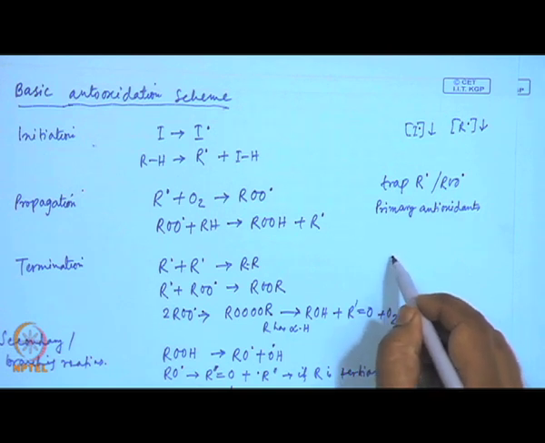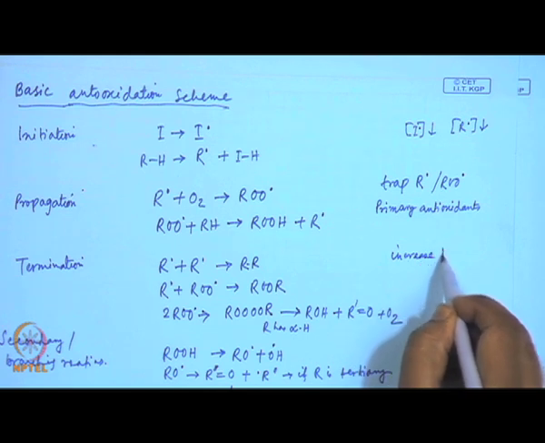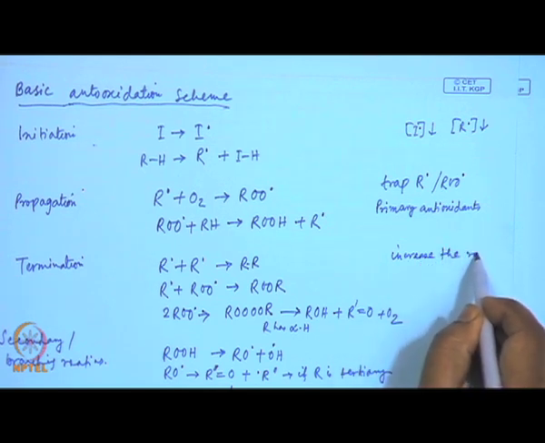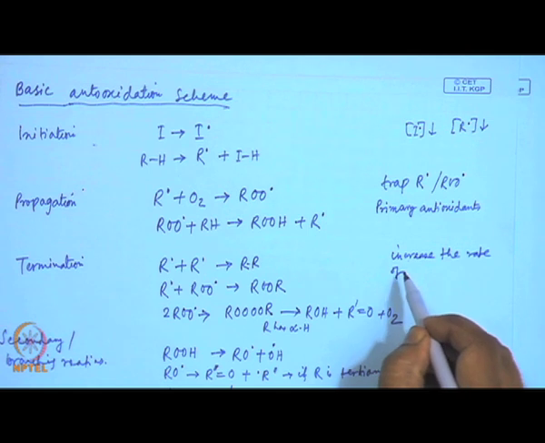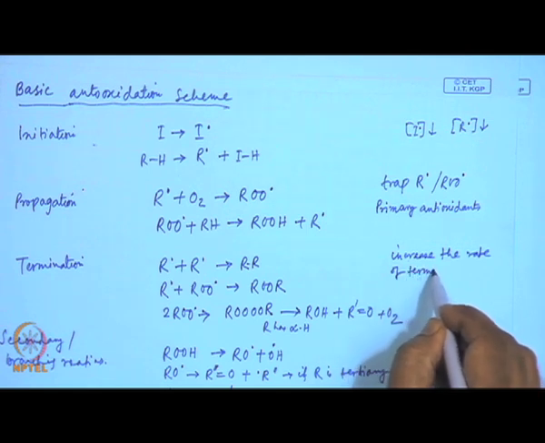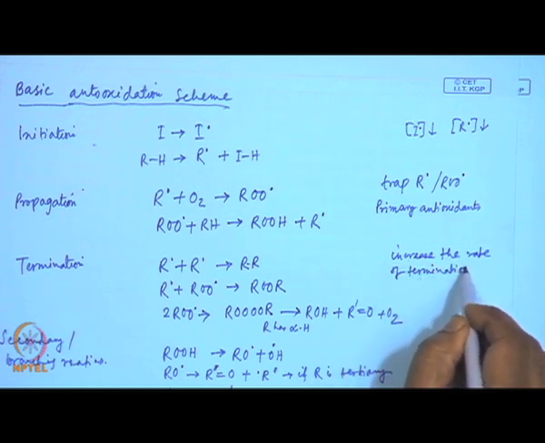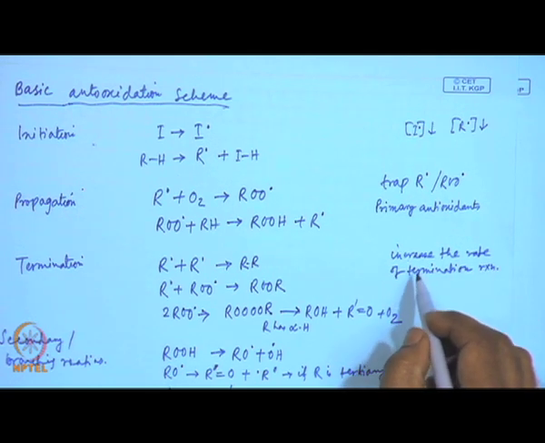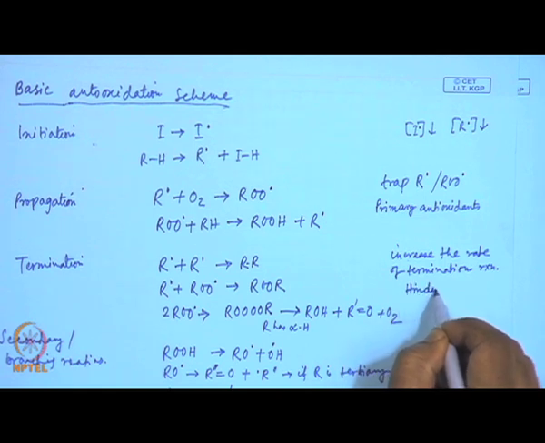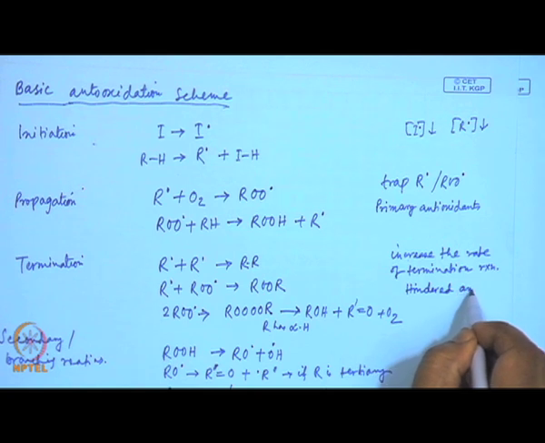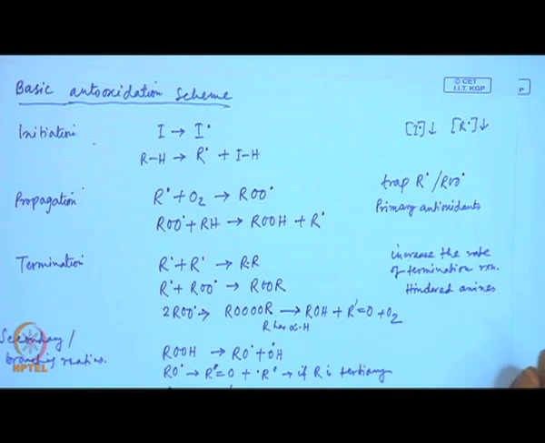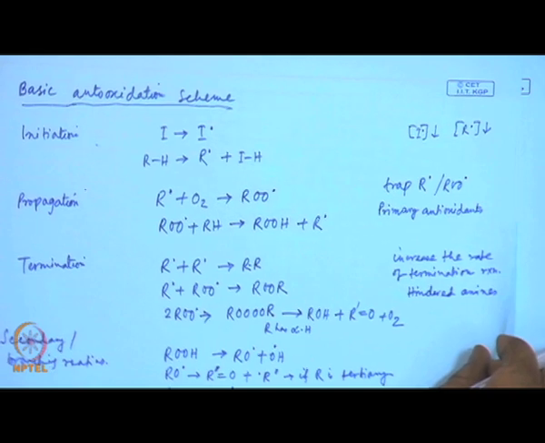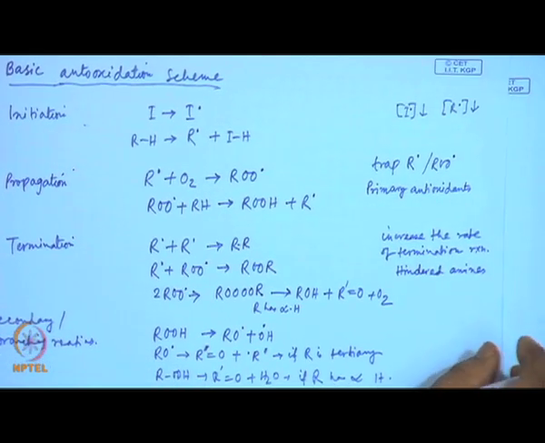We can increase the rate of termination reaction, and that is done by addition of hindered amines.